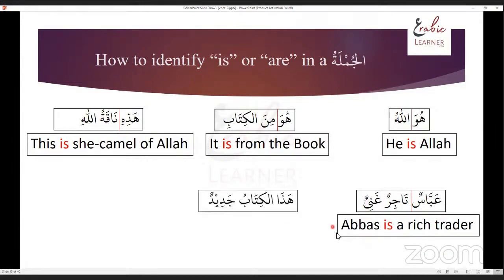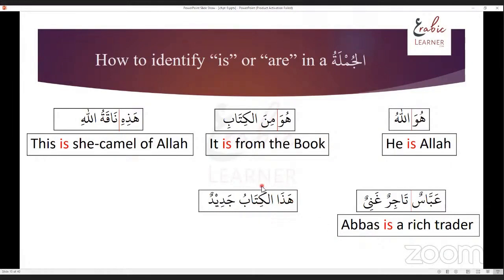Good. Another example. هذا الكتاب جديد. Sisters and brothers, where will we put the break now? Look at all the five types of fragments that you have learned: jar majroor, mudaf mudaf ilayh, harfu ataf, and so on. هذا الكتاب.